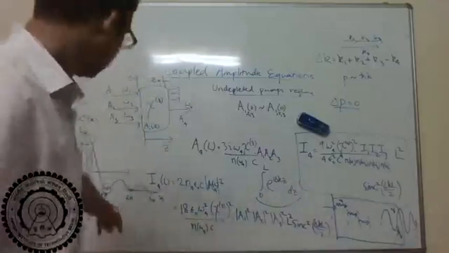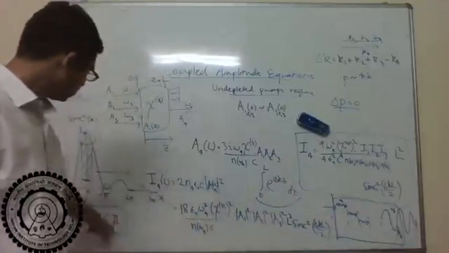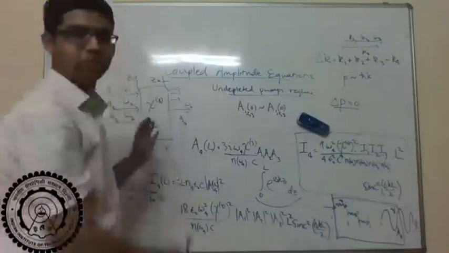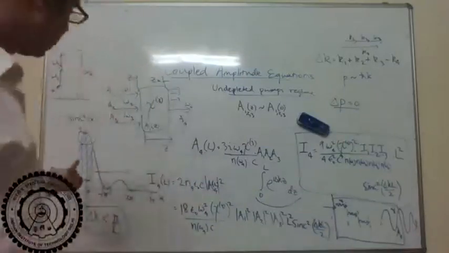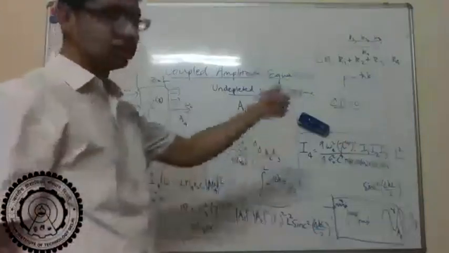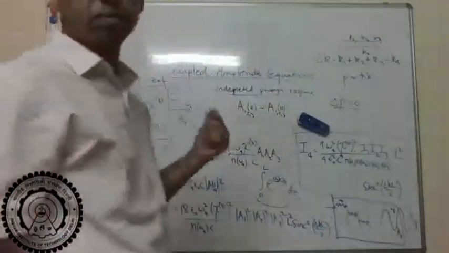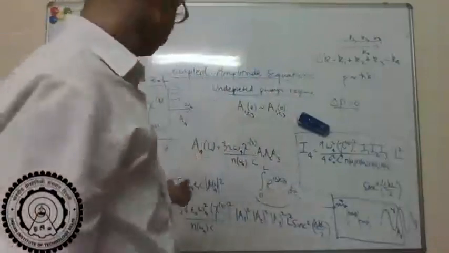Yes, you're right. Again, the clue was, what is L? L is the size of the medium, so delta x is equal to L, and you are getting a product of delta k and L. So delta k is sort of the uncertainty in momentum.